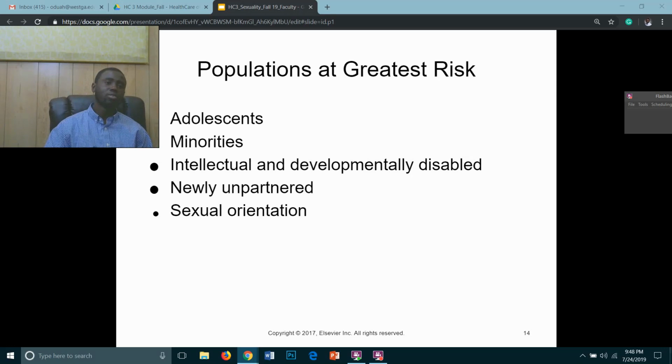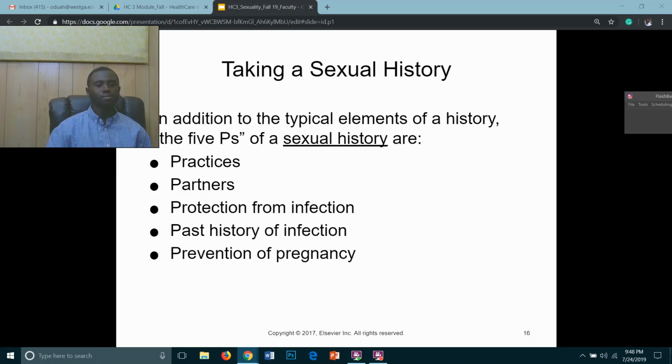Disabilities such as malformations, growth retardation, somebody, for example, that has cerebral palsy may not have all the developmental components in regards to the physiological processes that have to happen for sexual pleasure to be obtained or attained.